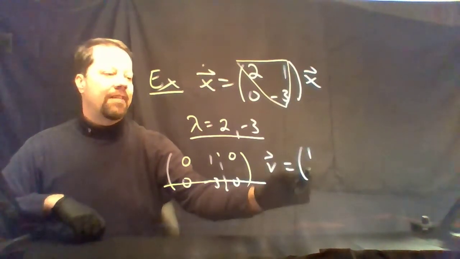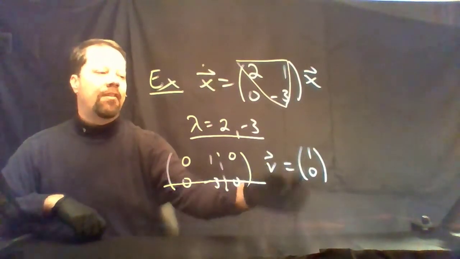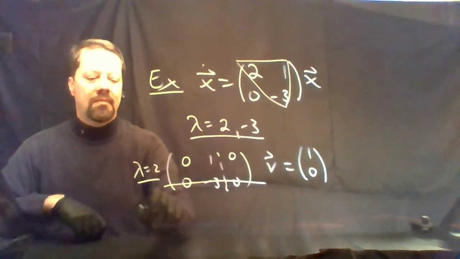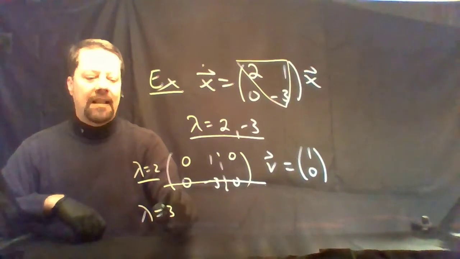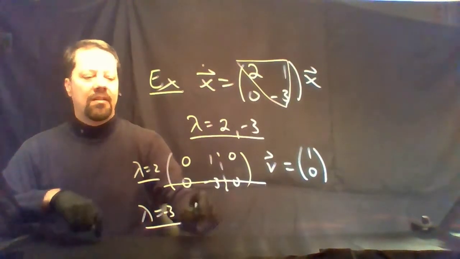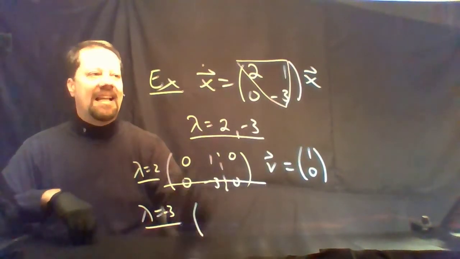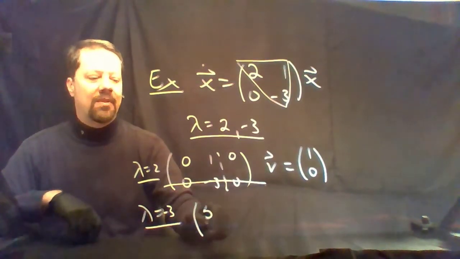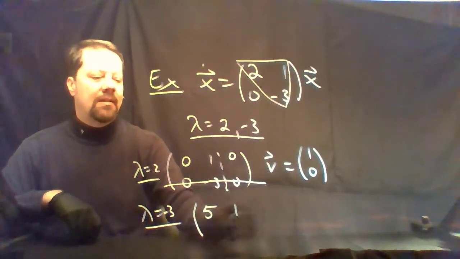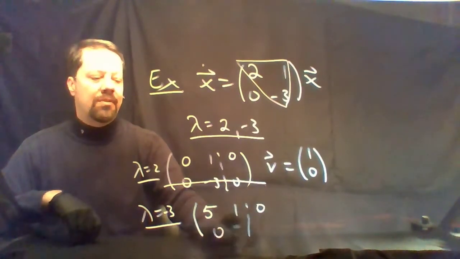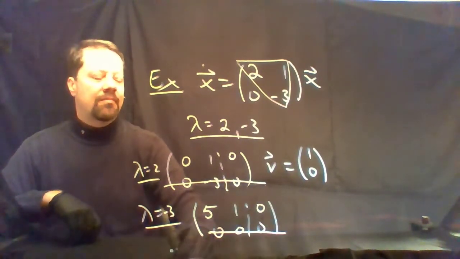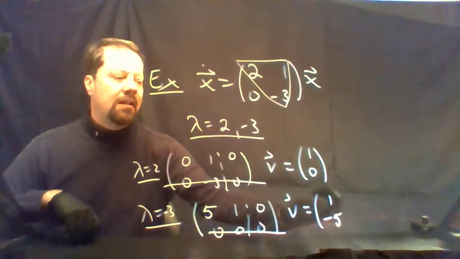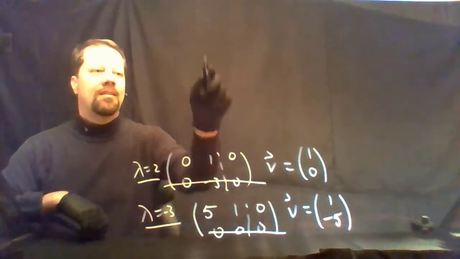That gives us eigenvectors that are scalar multiples of 1, 0 for lambda equals 2. For lambda equals negative 3, you subtract negative 3 from the diagonal elements, meaning you add 3. So that's going to be 5, 1, 0, 0, 0, 0. That gives us eigenvectors of the form 1, negative 5.